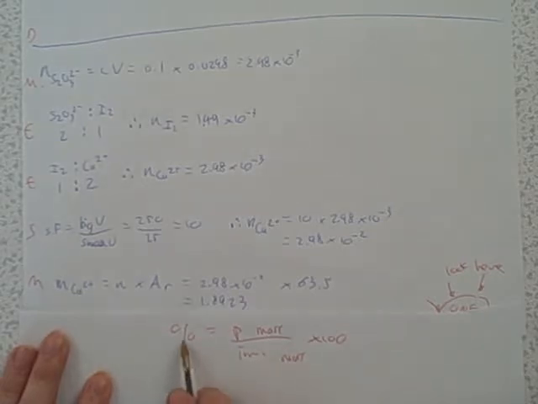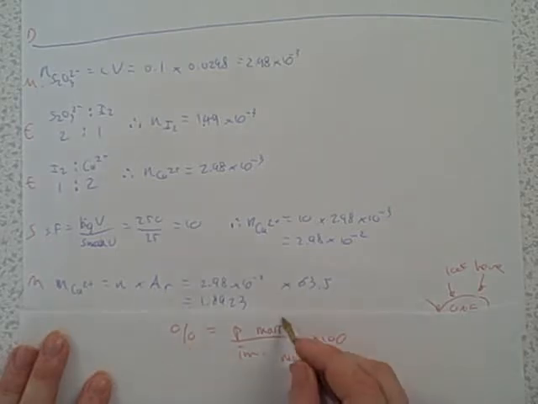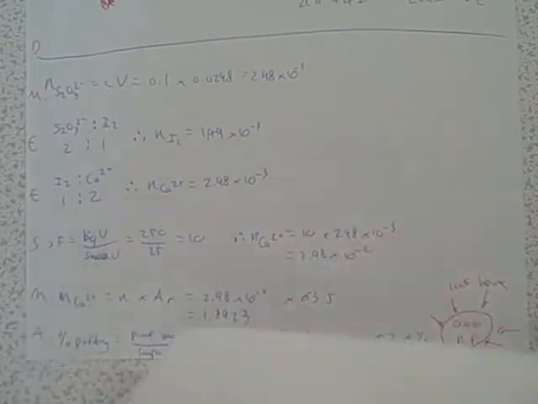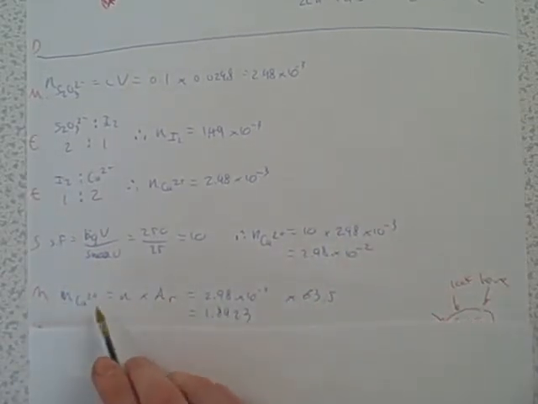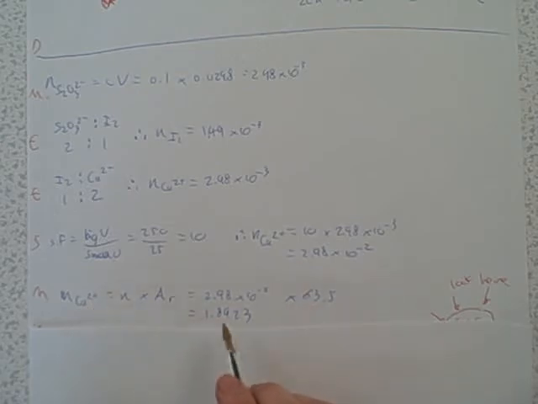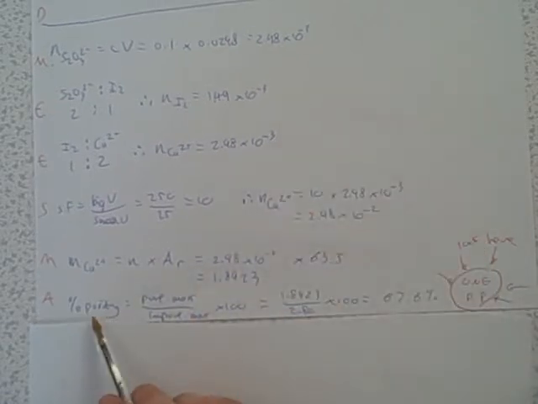So if the question says find the percentage purity or the percentage mass, what it really means is find the pure mass and bang it in this equation. So let's find our pure mass. So mass will just be moles times Ar for the copper. Bang all that in and you'll get 1.8923. Stick that in the percentage purity or percentage mass equation.